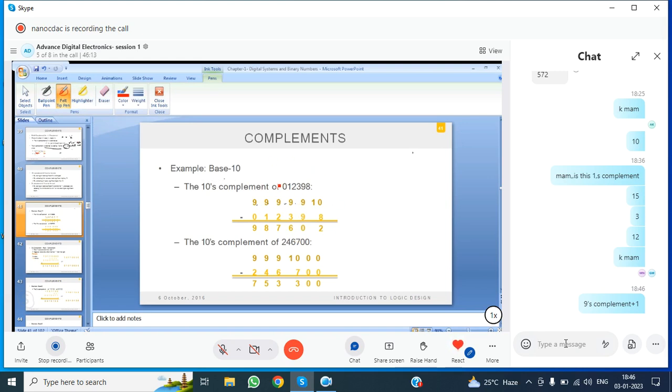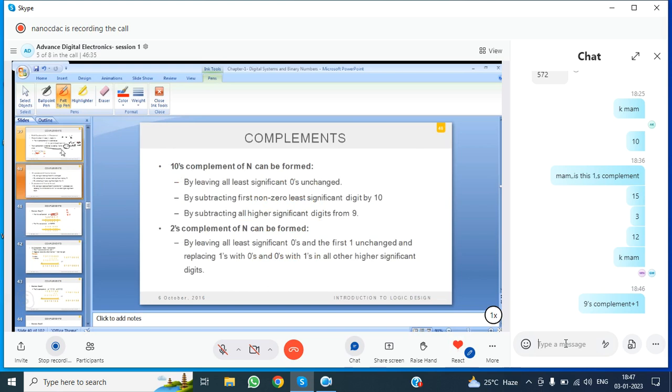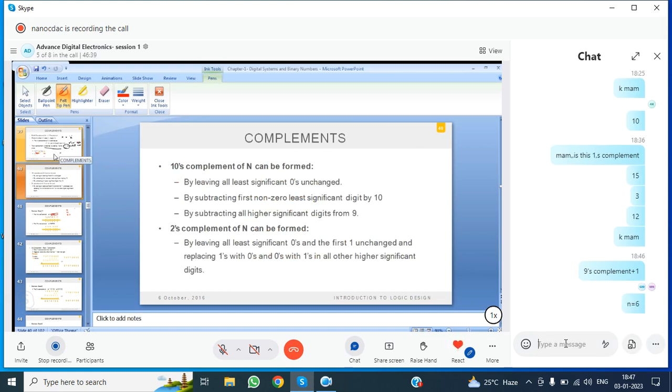So if you are taking 012398, what are you doing here? Can you tell me what is n, what is capital N, and what is R? N is equal to 6.